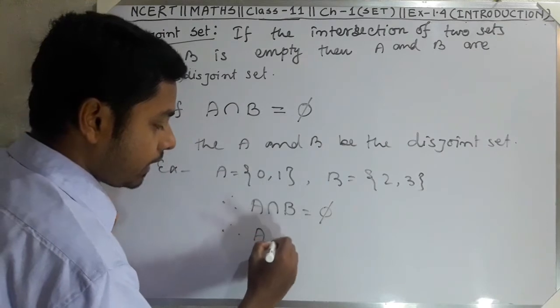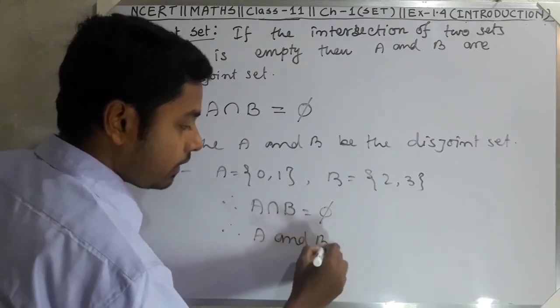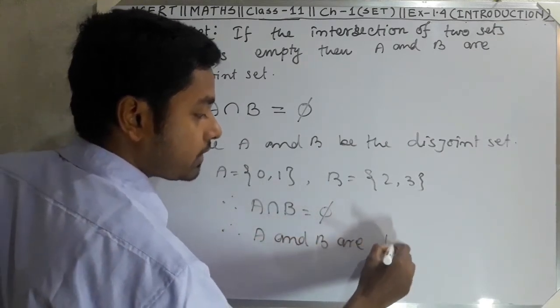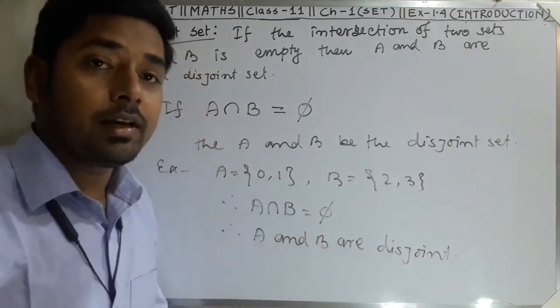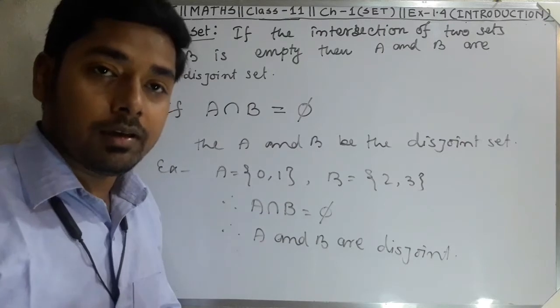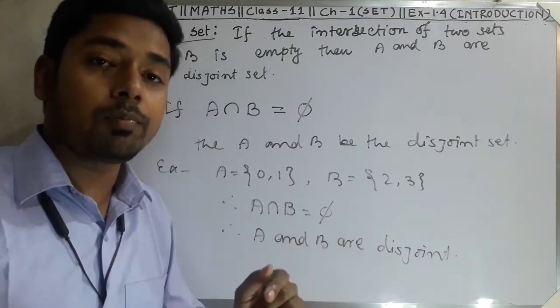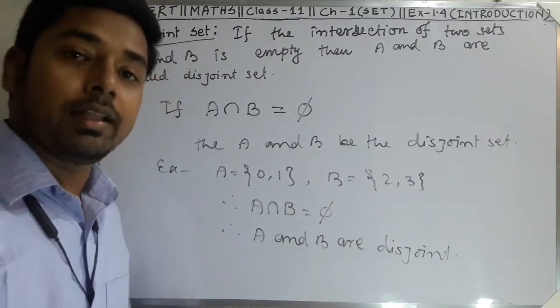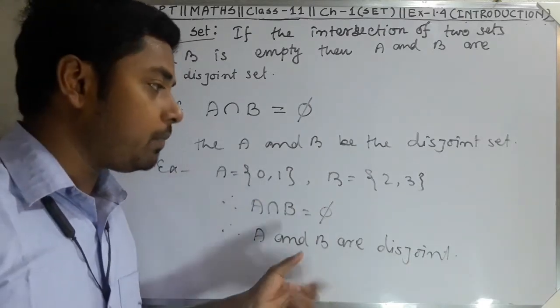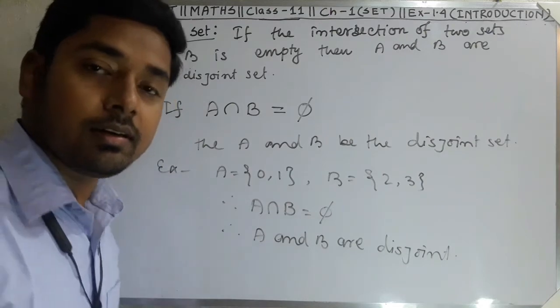Therefore we can tell that A and B are disjoint sets. If two sets are not having any common point, then we can tell that A and B are disjoint sets.